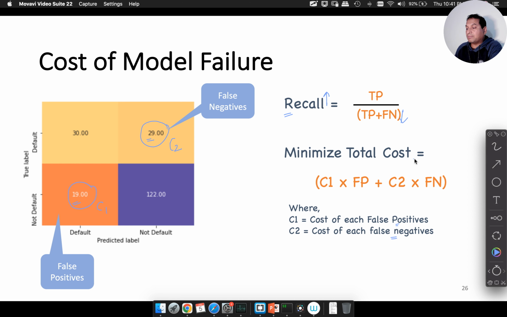And the total cost of the model will be C1 multiplied by the number of false positives plus C2 multiplied by the number of false negatives. So here the objective is to find the right model and associated threshold or cutoff probability which minimizes the total cost of the model failures.